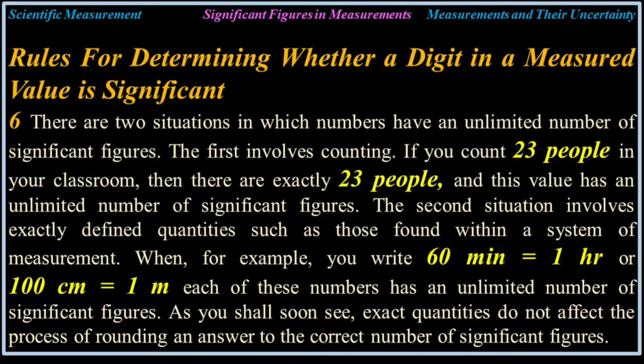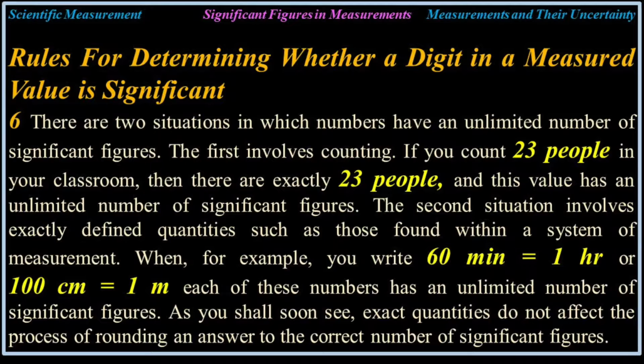And this value has an unlimited number of significant figures. The second situation involves exactly defined quantities, such as those found within a system of measurement. When, for example, you write 60 minutes equals 1 hour, or 100 centimeters equals 1 meter. Each of these numbers has an unlimited number of significant figures.